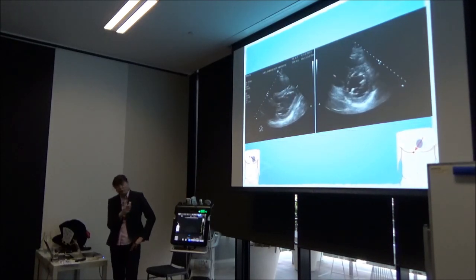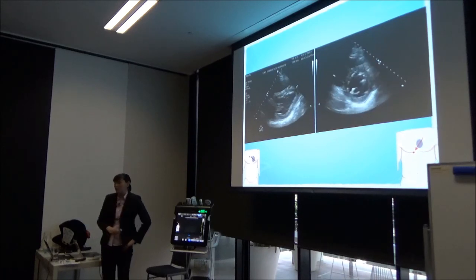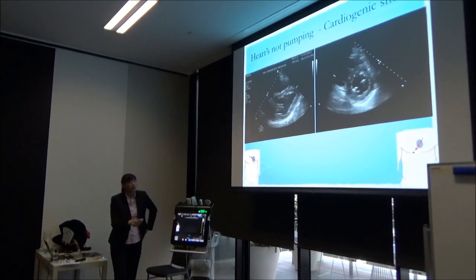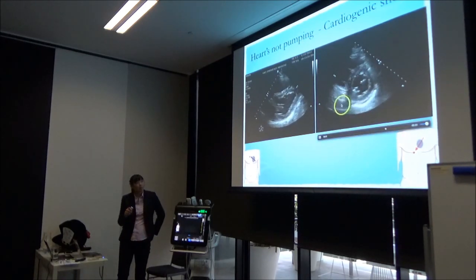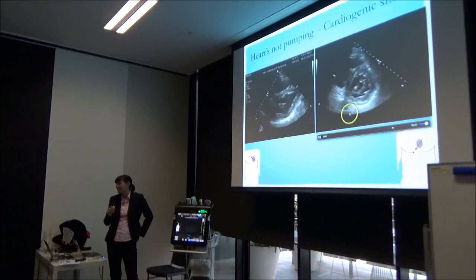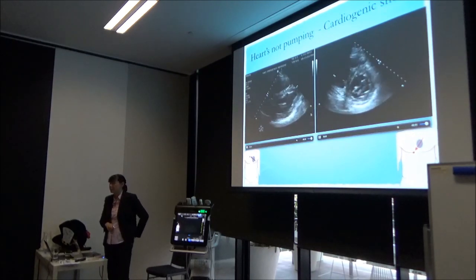So this is what we call focal wall motion abnormalities, and indicates cardiogenic shock. With cardiogenic shock, I can activate the cath lab because my whole lateral posterior inferior wall is taken out, and I can presume that this is because of an MI.